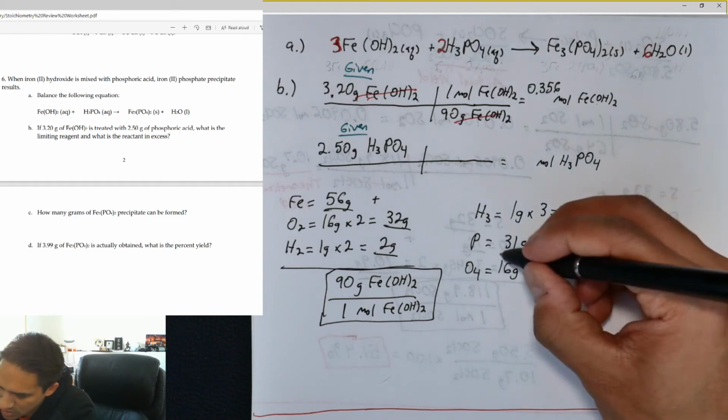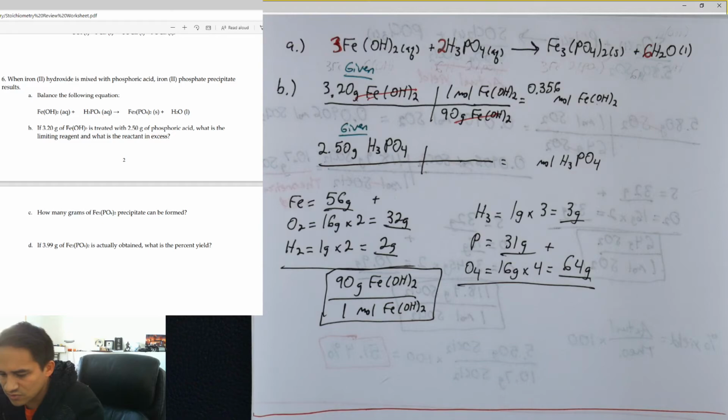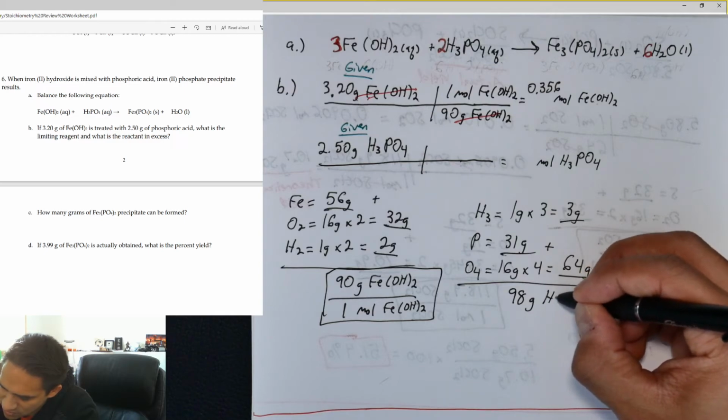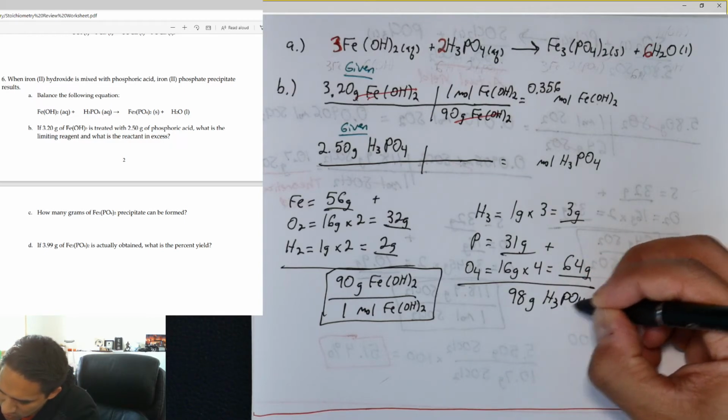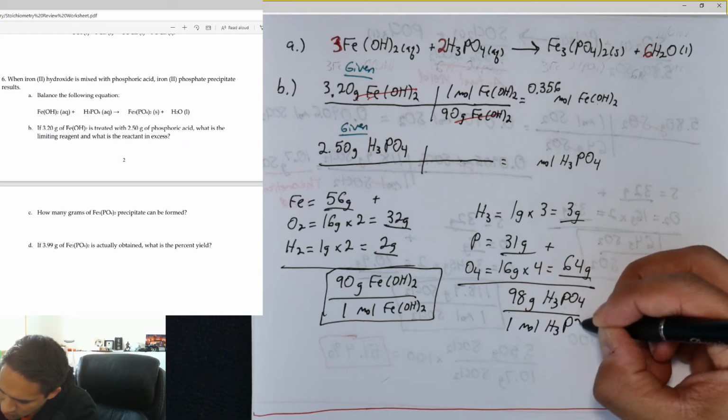Okay. And we're going to add all those together. So we get 64 plus 31 plus 3. And I get 98 grams of H3PO4 per 1 mole of H3PO4.